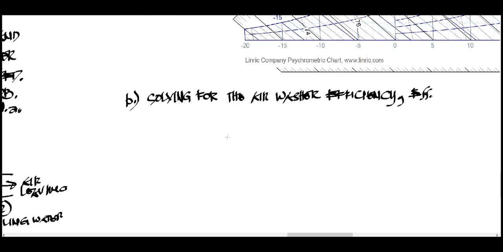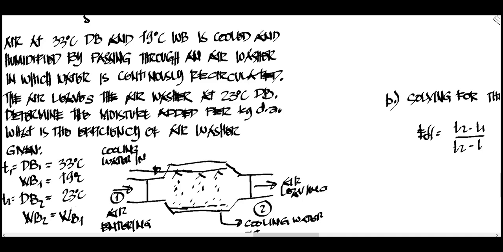So for solving now the efficiency of the washer, we have the equation efficiency, so that will be your T1 minus T2 over T1 minus T3. Now we have your dry bulb as T1 and your dry bulb 2 as T2. Sorry, let me correct this one.